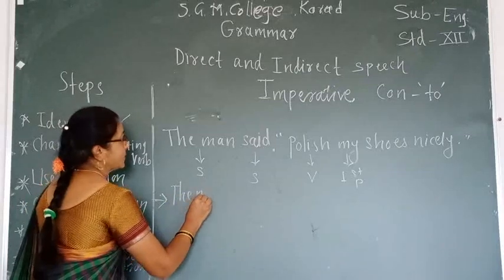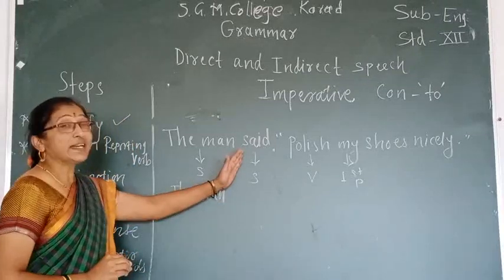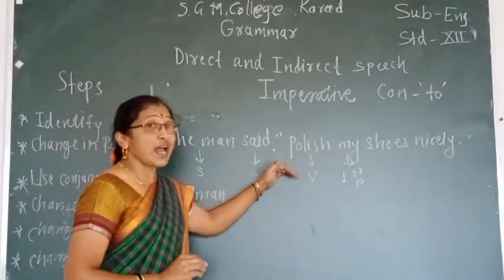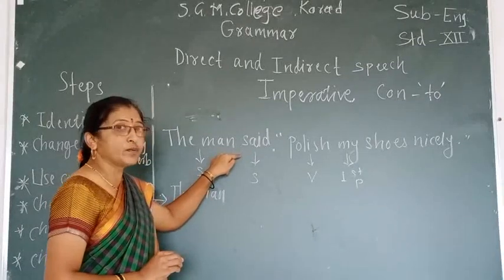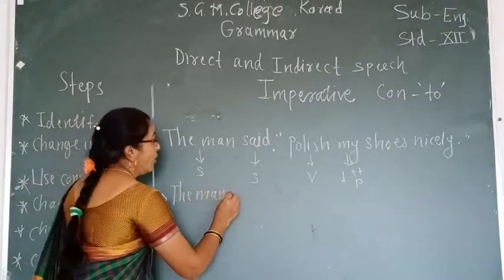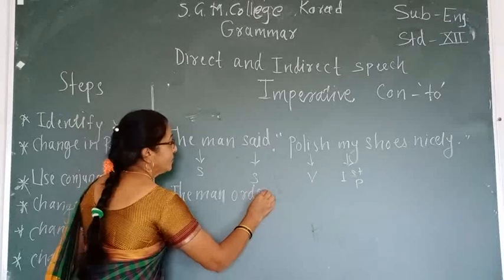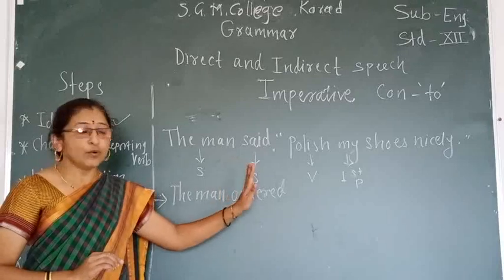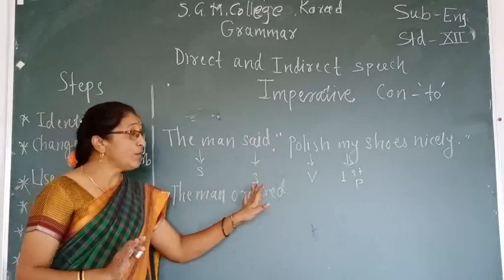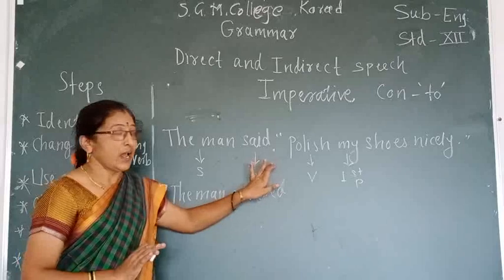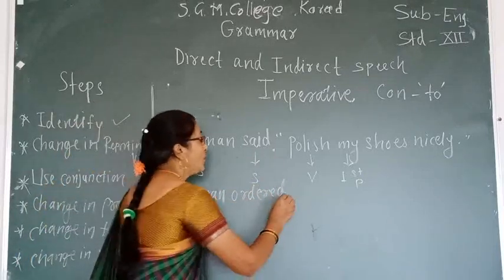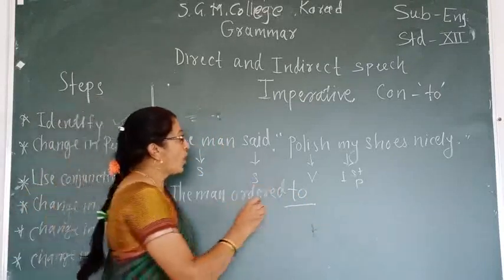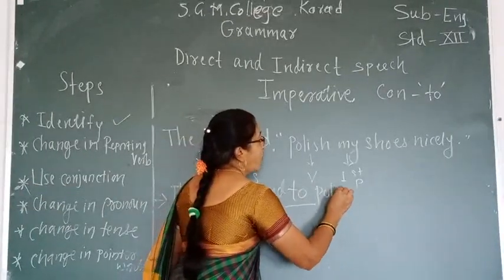The reporting verb here is "said," but instead of "said" we will use "ordered." Then the punctuation marks, comma and inverted commas, are removed, and we use the conjunction "to" for imperative sentences. To polish.